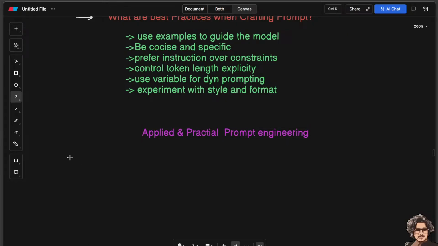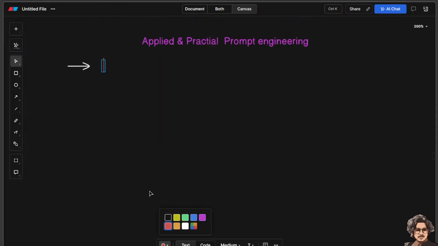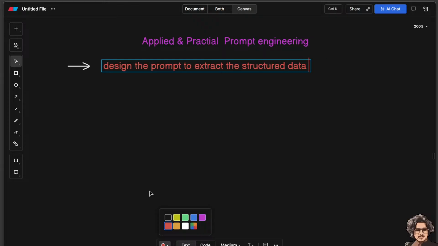The first question is: how do you design a prompt to extract structured data from unstructured input?